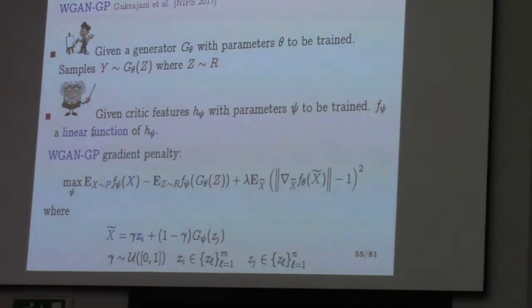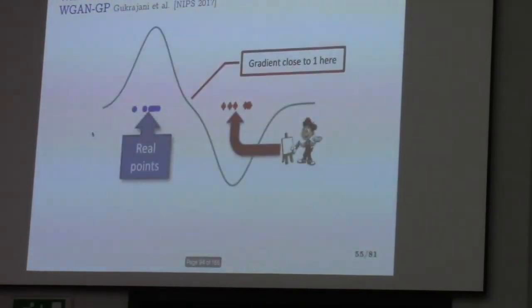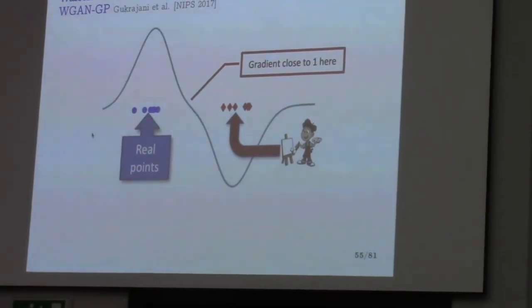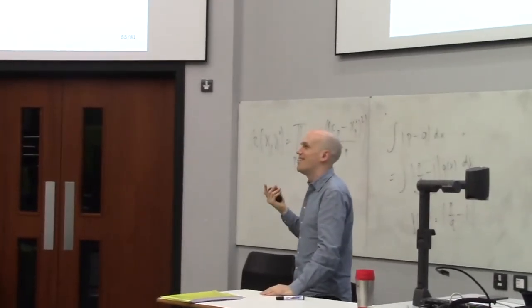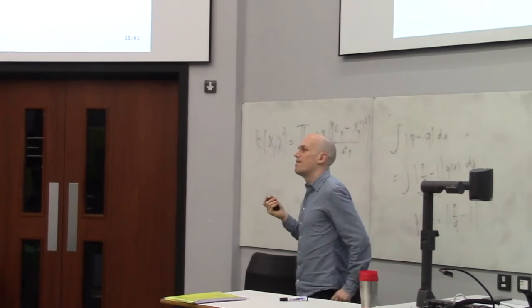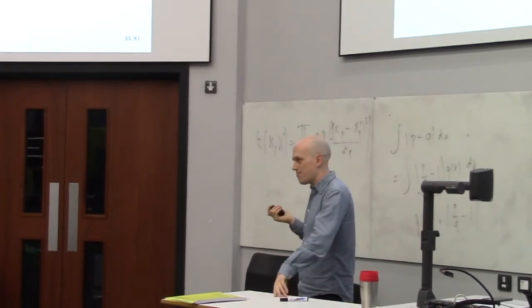But why should that norm be 1? So their intuition, which I'm about to disagree with, is that if the norm of the gradient is close to 1 on points between the blue and red, this allows my student to have a strong signal to improve its samples. But they have put 1, so certainly there is renormalization behind it.